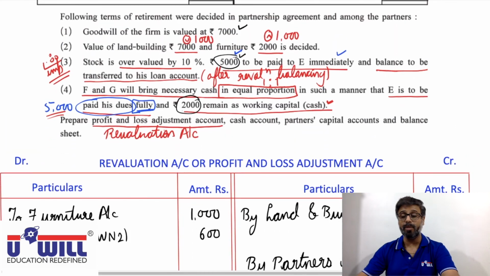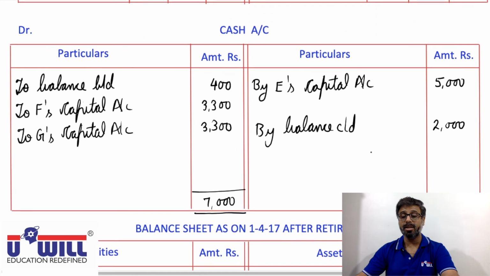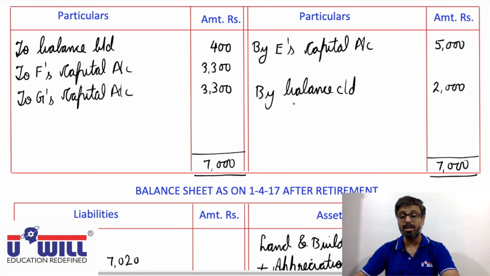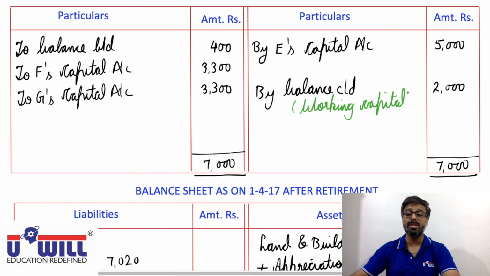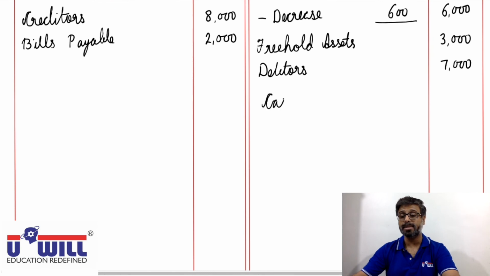So are we left out with 2,000 cash balance or not? This is again a cross check. Whatever working capital is mentioned to be kept in the business, that you must have as the closing balance of cash. So asset side we all will write cash 2,000 closing balance.